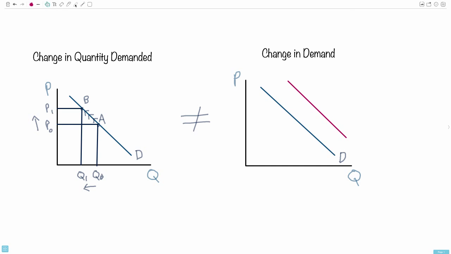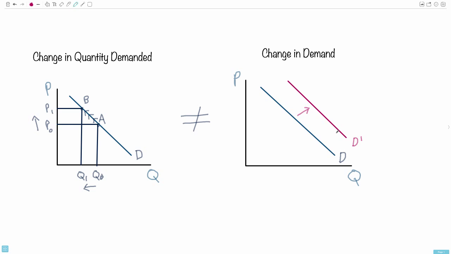Well, if income is going up, the demand curve is going to shift to the right, which means it's going to increase from D to D prime. But now, notice the difference. You have a brand new line, a consequence of this increasing income.